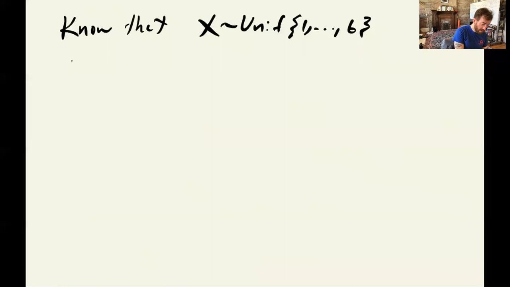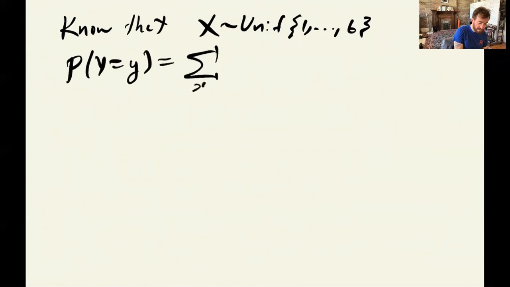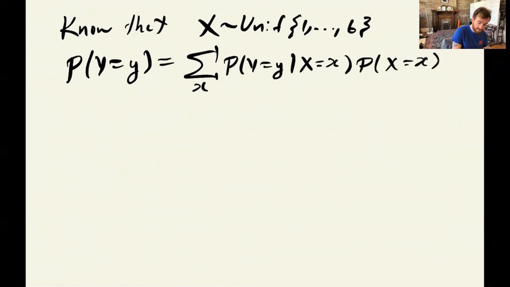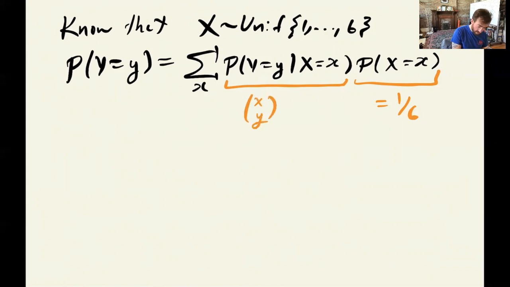So that means that when we look at the probability of y equals little y, and we know that this is the sum over possible values of x, probability of y equals little y, given that capital X equals little x, times the probability that capital X equals little x, we now know that this guy right here is equal to 1/6, as long as x is between 1 and 6. And we have a formula for this as well. We know that this is little x choose little y, 2 to the minus x.